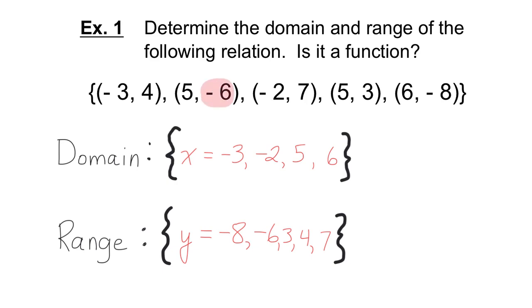And again, when x is 5, y is equal to 3. So is this a function? Well, for an input of 5, we have two different outputs. When x is 5, we have two different values of y. Because of that, this is not a function.